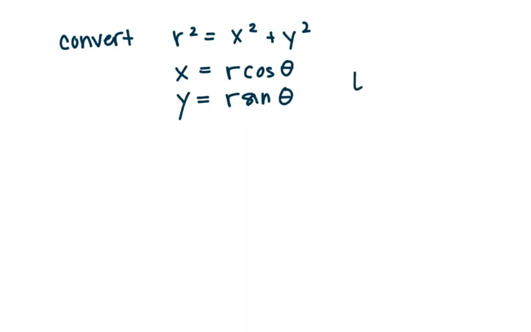We could also say that tangent theta is y over x. So these are some properties for converting between rectangular and polar coordinates that we should be familiar with. If you need some review, send me a message. I can send you something else that might help you to look back on.